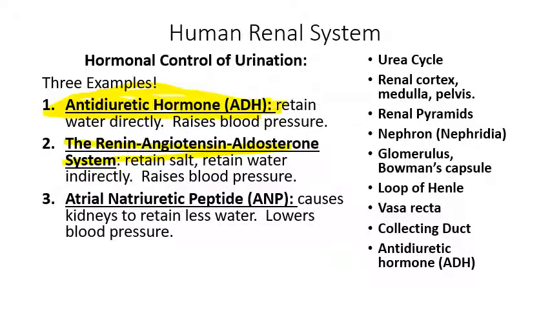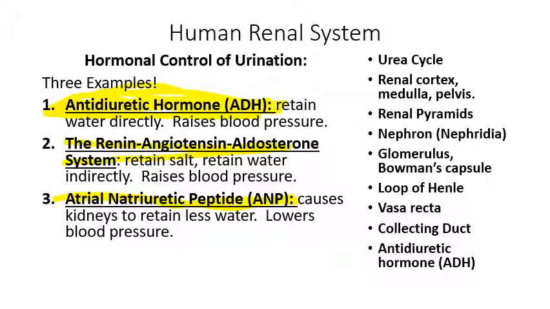There's a juxtaglomerular apparatus inside each nephron that measures the blood pressure and then tells you to retain more water if the blood pressure is too low. And the ANP, the atrial natriuretic peptide, is produced by the atria of the heart that are able to sense if there's too much blood volume and tells your kidneys to release some of it.